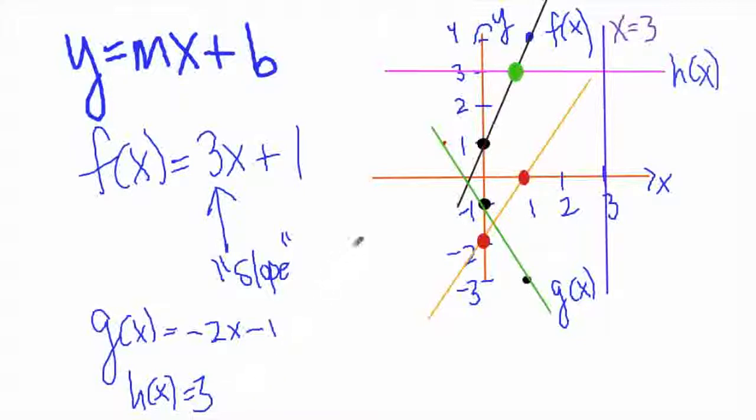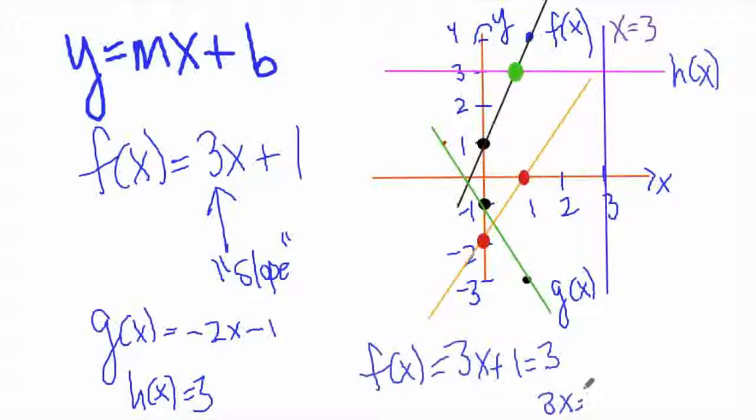So let's ask ourselves, when does the f of x function, 3x plus 1, equal 3? So 3x plus 1, set it equal to 3, and let's solve for x. So 3x equals 3 minus 1, so x is equal to 2/3. Okay, so the intersection is 2/3, 3.